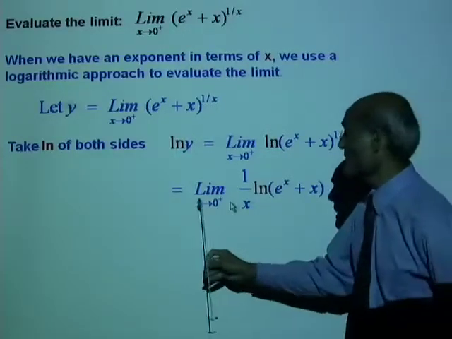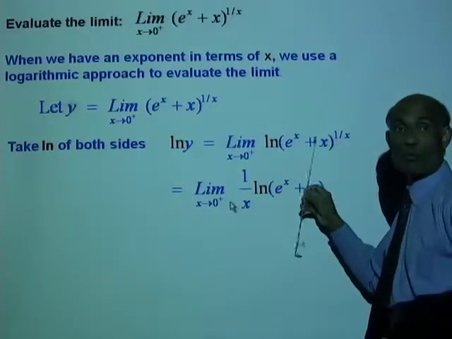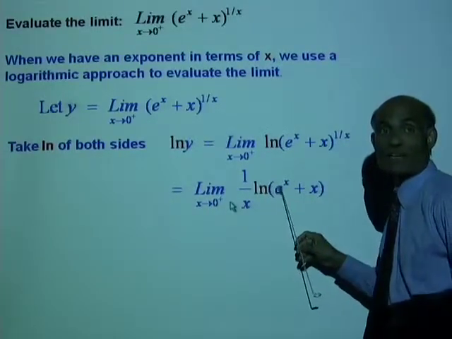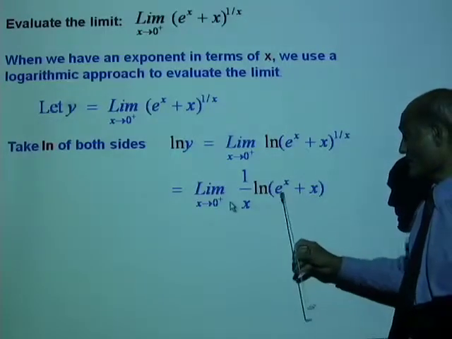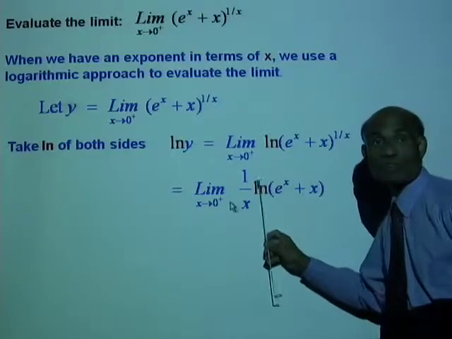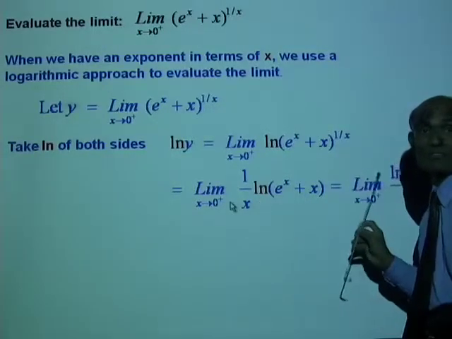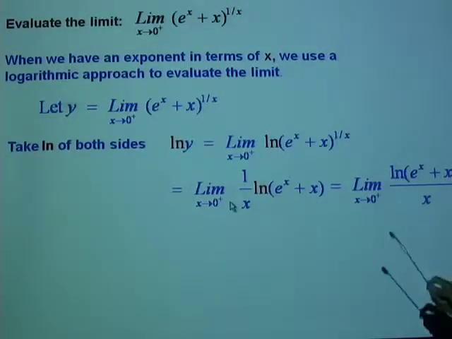That will be limit x approaches 0 from the right of 1 over x times ln of e to the power of x plus x. This is the same as ln of e to the power of x plus x, divided by x. There you go. Now this is of the form f of x divided by g of x.